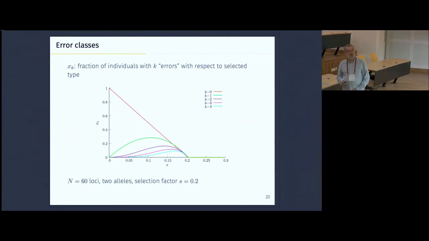So we start from 1, and then this is the curve I showed you before for n equals 60. And then this is the frequency of error class 1, error class 2, error class 3, as you see. You see, all of them essentially have a vanishing frequency when the mutation rate is beyond S, beyond the selection factor.